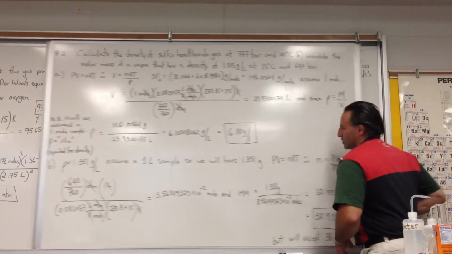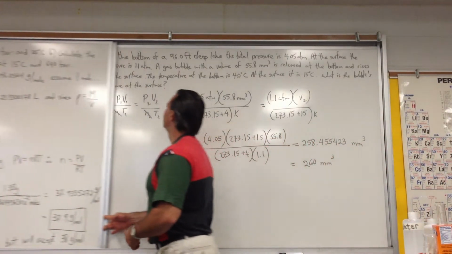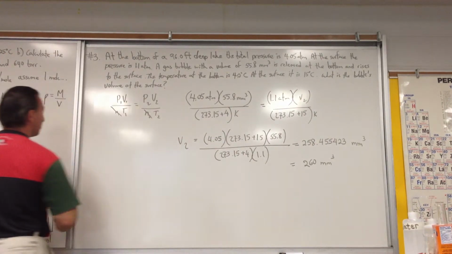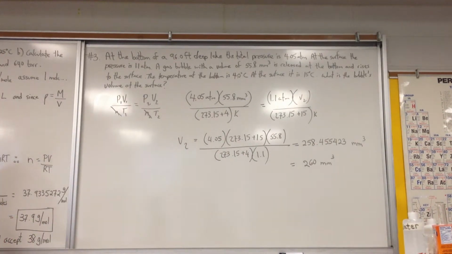In the third question, we're told that at the bottom of a 96-foot deep lake, the total pressure is 4.05 atmospheres. And that pressure at the bottom of the lake is a combination of the pressure of the water plus atmospheric pressure.